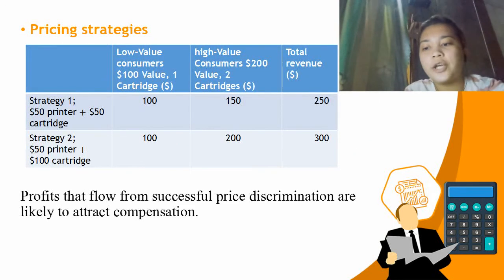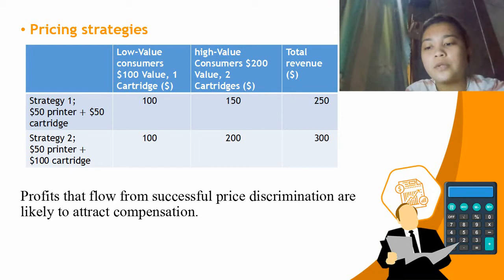To make sure you understand how this works, let's use a numerical example. In particular, suppose that HP's low-value customers consume one cartridge each year and are willing to pay $100 for printing services, and their high-value customers consume two cartridges each year and are willing to pay $200.